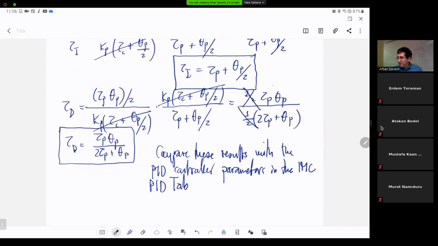Okay, you will see that we have obtained those results. The final line where we had the PID controller design formulas, in fact, are equivalent to what we have derived here.